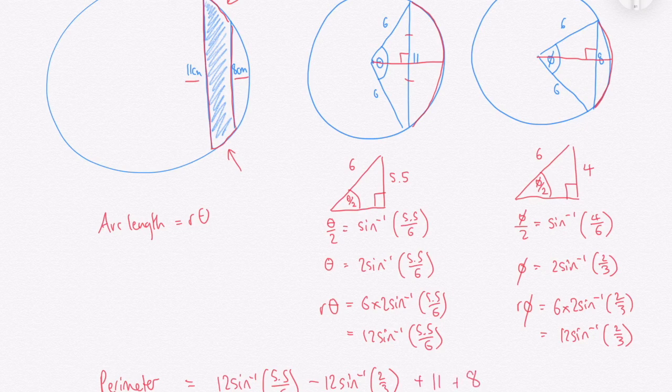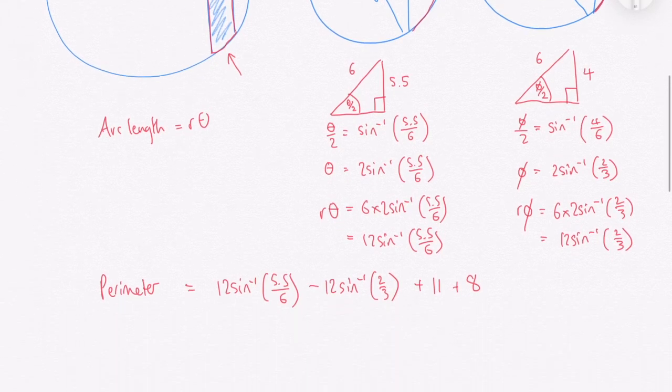If we calculate this on our calculator, ensuring that we are in radians mode, we should calculate a perimeter of 21.16 centimetres to 2 decimal places.